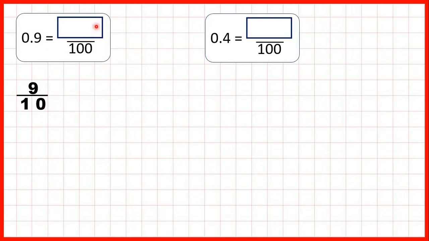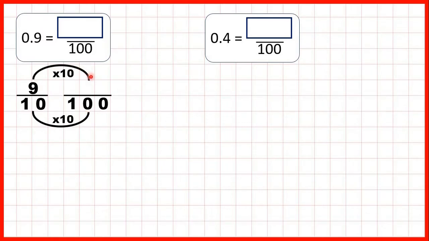But we need a fraction with a denominator of 100. So we need to find an equivalent fraction. To do that, we use multiplication, and 10 times 10 is 100, and what we do to the denominator, we need to do to the numerator as well, and 9 times 10 is 90, so our numerator is 90.